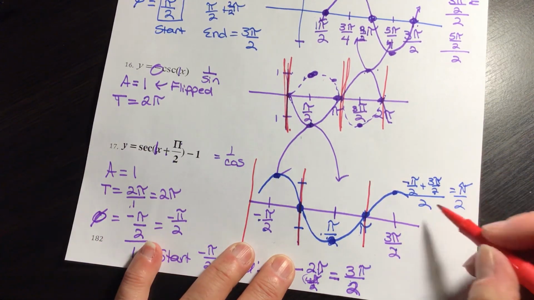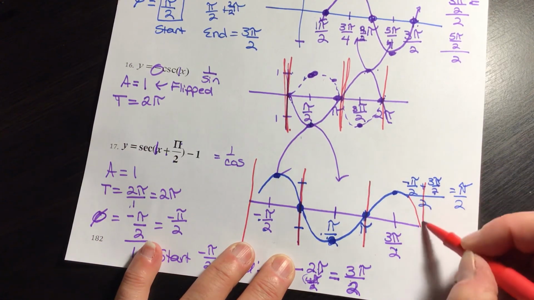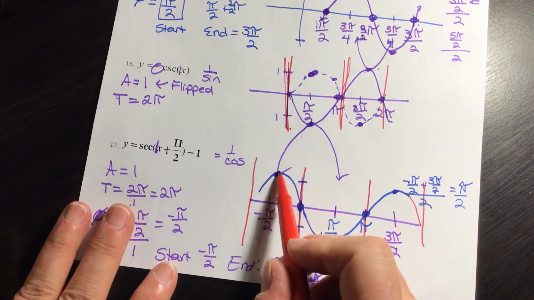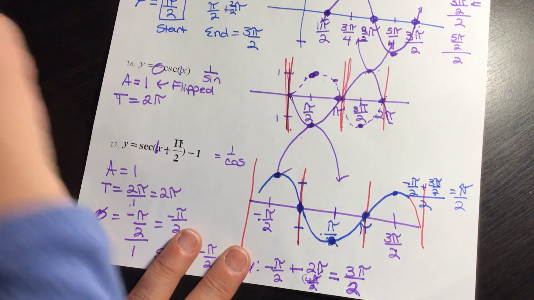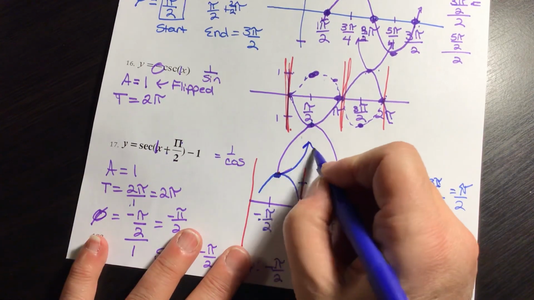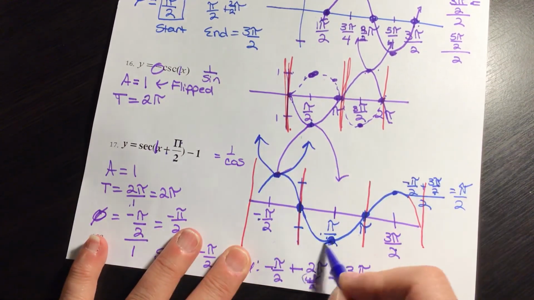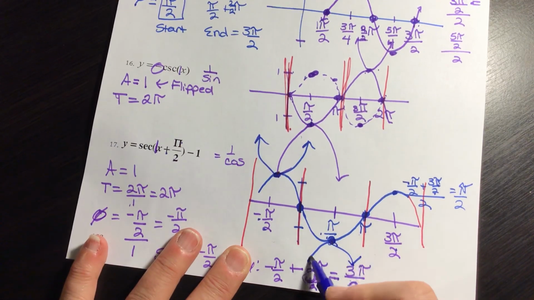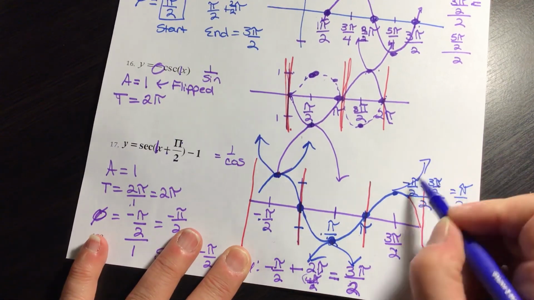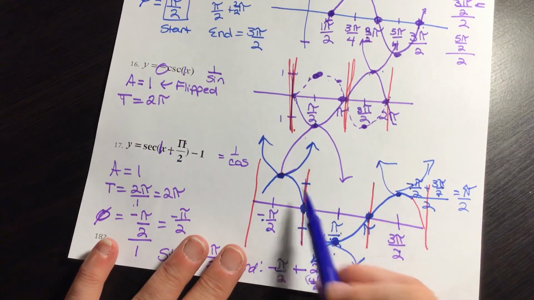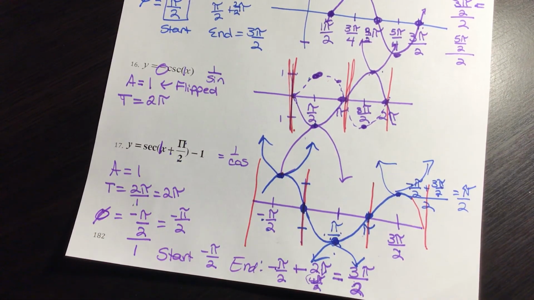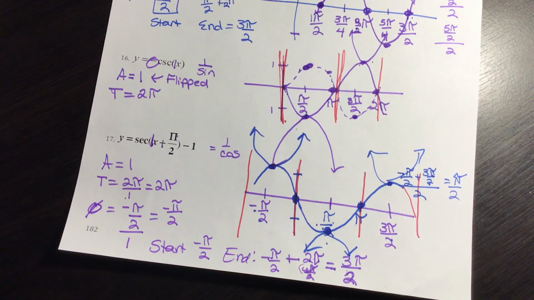Asymptote here, x-intercept. Now from these points for the maximum and minimum, I'm going to draw the secant graph. Each maximum or minimum will have that parabola-like curve opening up or opening down towards the asymptotes. All right, lots of graphing practice.